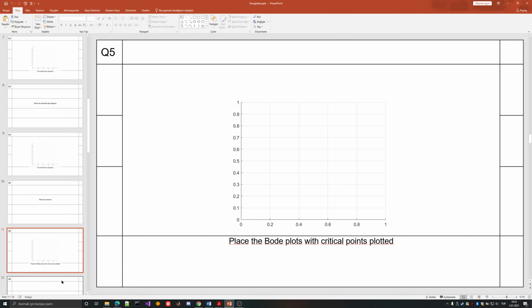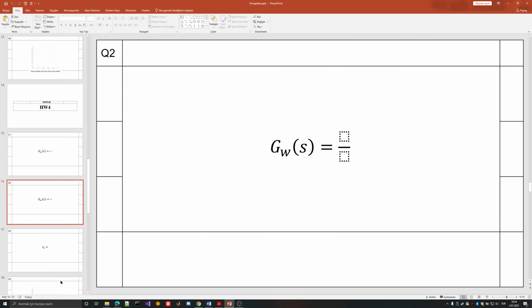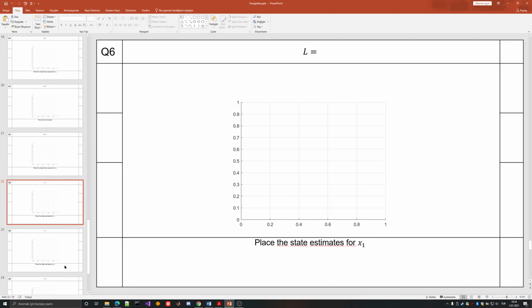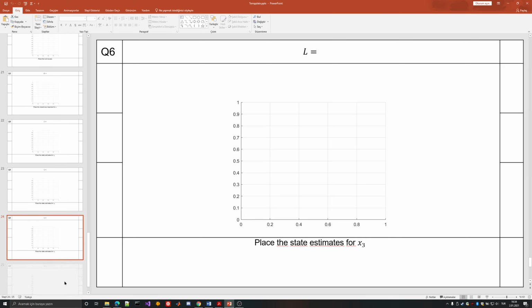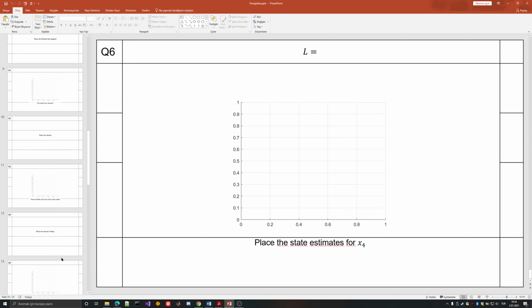So this will also be basically used for grading. You will just put in your answers here. So very basic. If you have prepared a report, you can go ahead and just copy and paste some stuff here. It will take 5 minutes for each homework probably. These are the questions that I'm asking you.